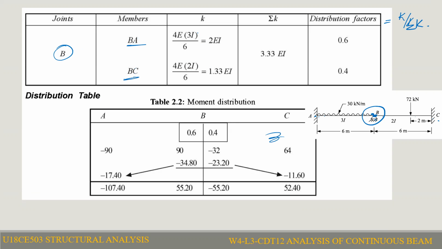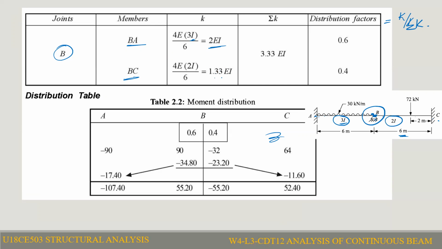If the far end is fixed, the stiffness will be 4EI by L. Here the I value for the AB member is 3I and L is 6; you substitute and you get stiffness K as 2EI. For BC, the I value is 2I and L is equal to 6 meters.